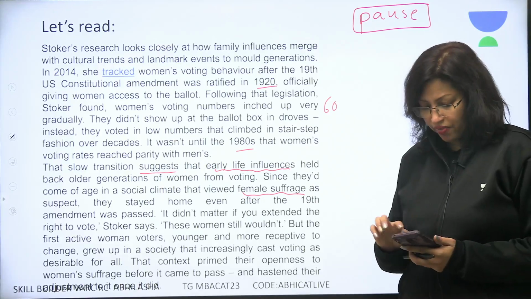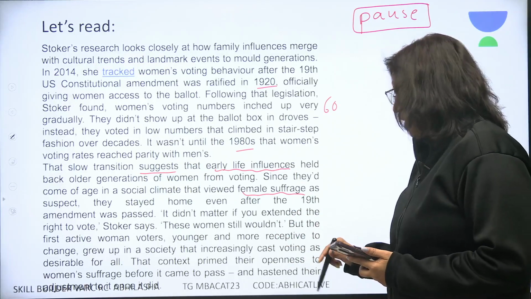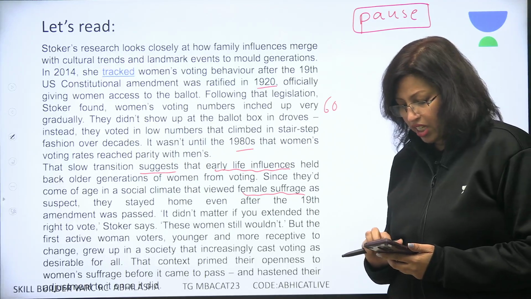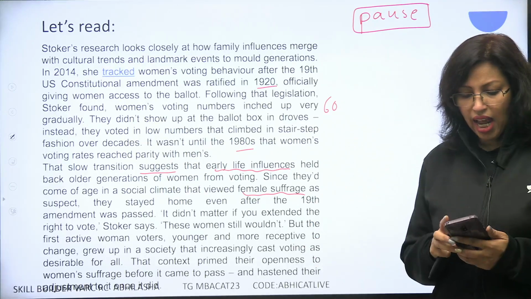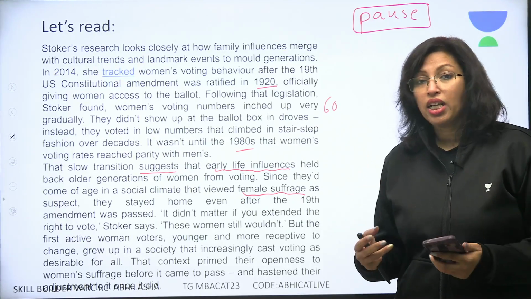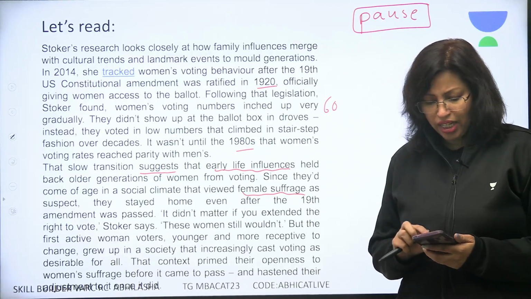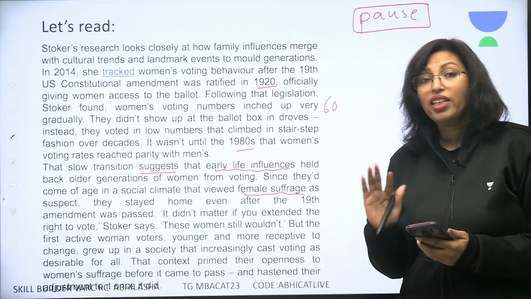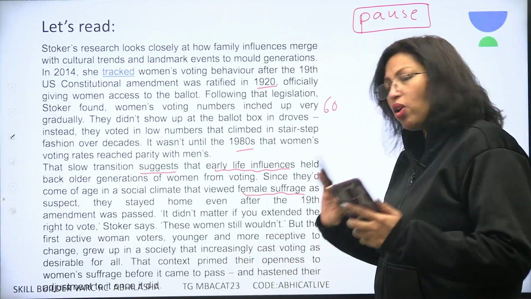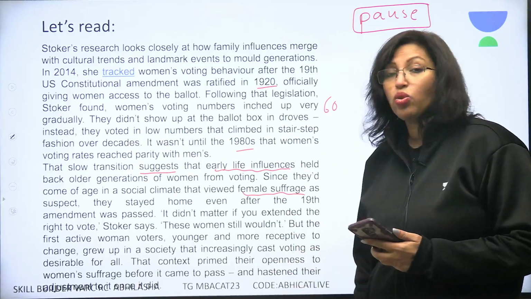That's the thought. So that context primed their openness to women's suffrage. Because they were coming from a generation where voting was already allowed to them, their desire for feminism, for liberty, for the rights of women was so strong that they were ready and willing to go out and vote. It was not that they did not want to or were scared about it. They were already ready before it came to pass, and hastened their adjustment to it once it did.